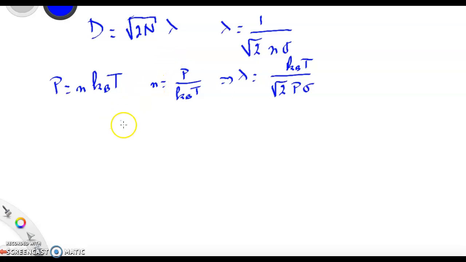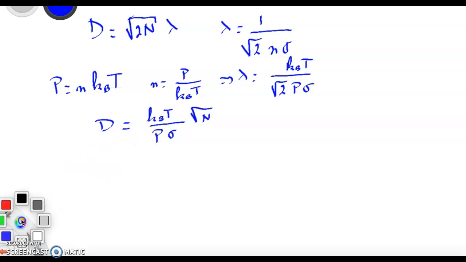Then if I replace in the expression of the displacement d of the molecule after a certain time t, it's going to be equal to k_B T over P sigma times the square root of N, N being the number of steps.